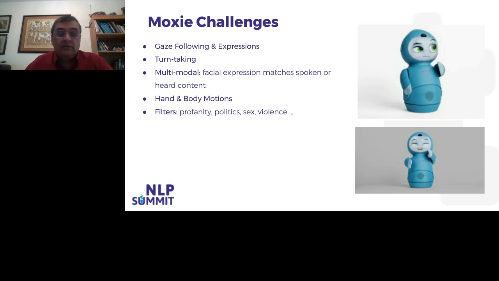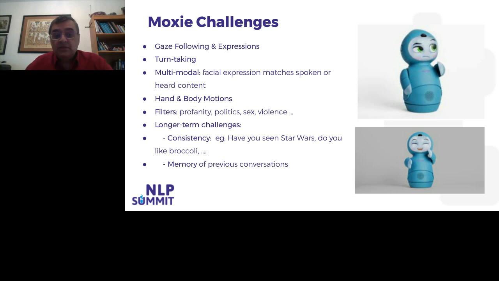Longer term, we have other challenges with consistency and memory. Consistency means that if Moxie says to you, oh, I like Star Wars, and then 10 minutes later it says, I don't like Star Wars, that doesn't sound natural, and it will degrade the conversation. So we have to be consistent, and we have to have memory of previous conversations, even across days.